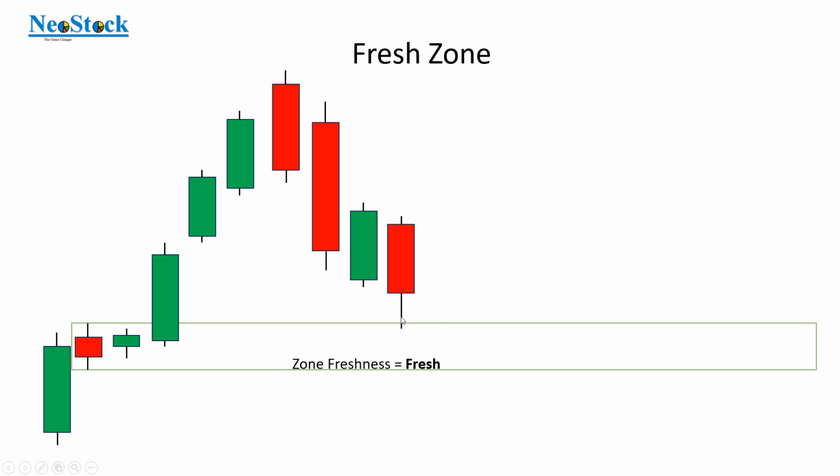The moment prices entered into this demand zone, the zone freshness will be changed. Now the zone freshness is tested. Now a fresh zone is changed to a tested zone. What does a tested zone indicate?